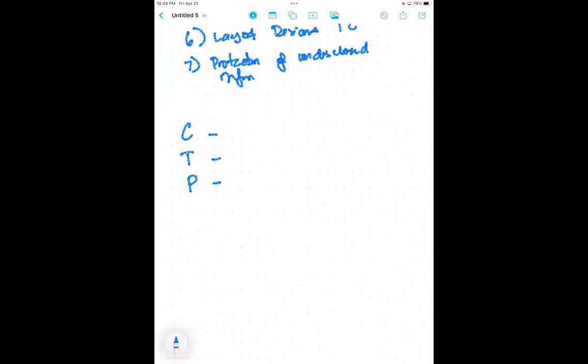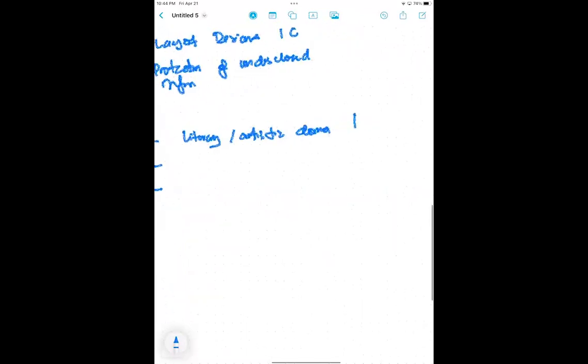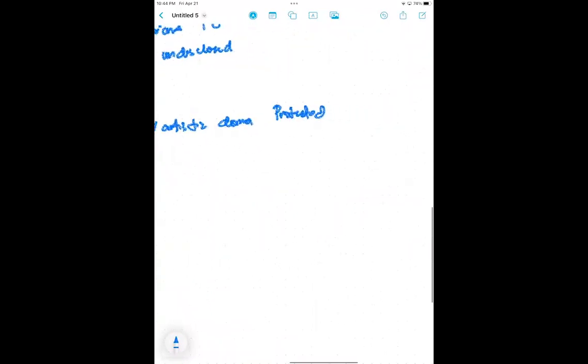So copyright is confined to literary or artistic domain, and these are protected from the moment of creation.